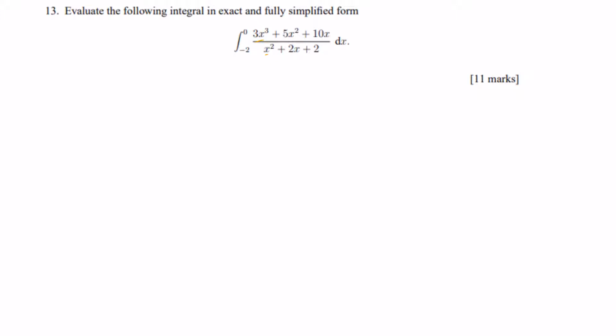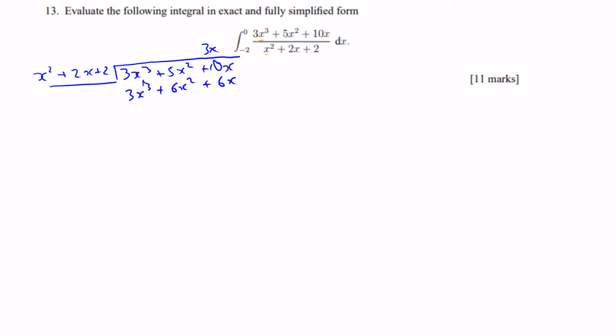So to do that, we're going to do long division of x squared plus 2x plus 2 into 3x cubed plus 5x squared plus 10x. So 3x, giving 3x cubed plus 6x squared plus 6x. Negative x squared, 10x take away 6x is 4x.